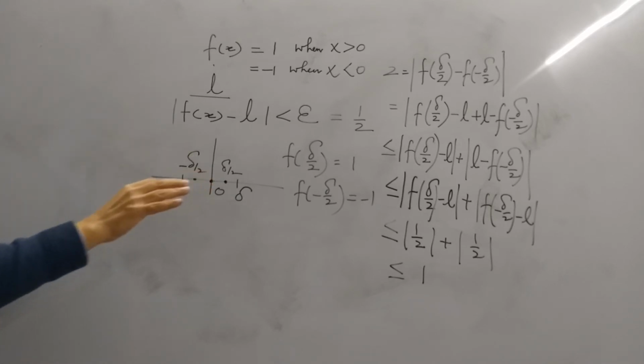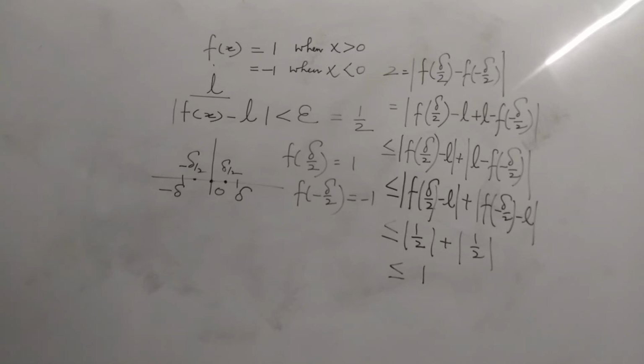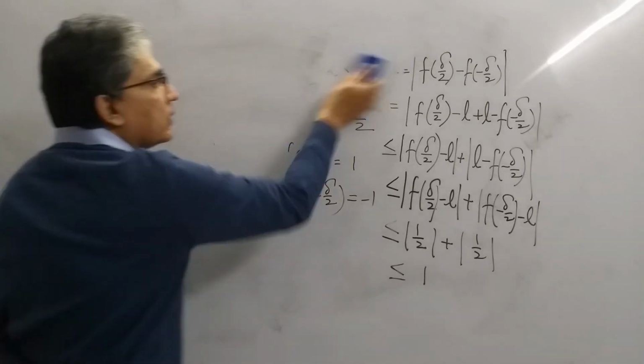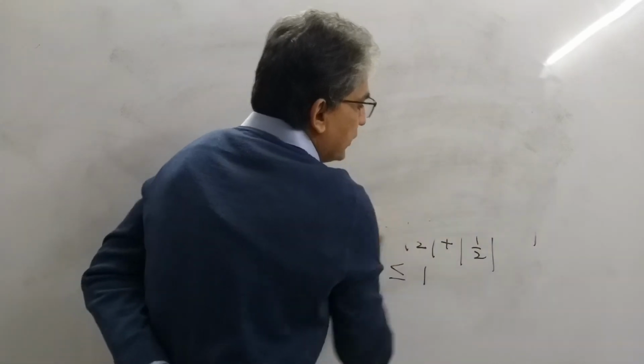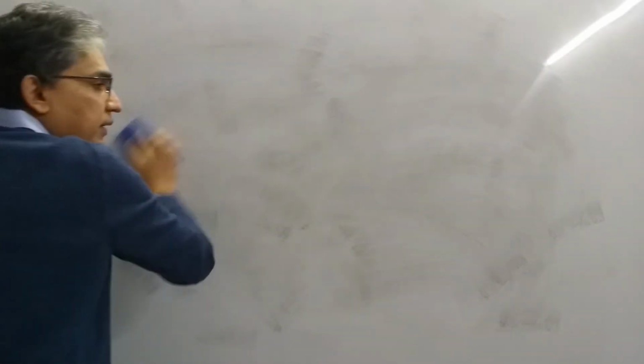So this shows that with our epsilon delta argument, the limit does not exist. So this is one case. I'll finish this with another case. These are the cases where your concepts get strengthened, and you should pay attention to that.